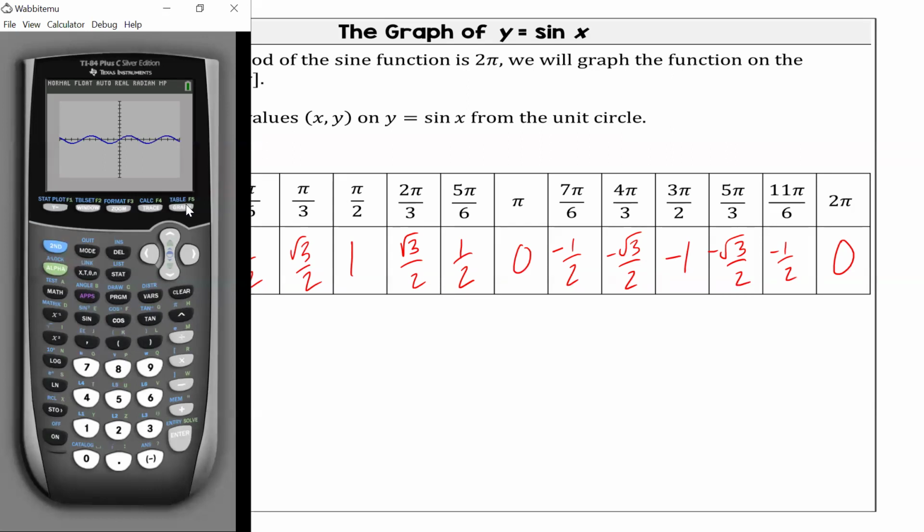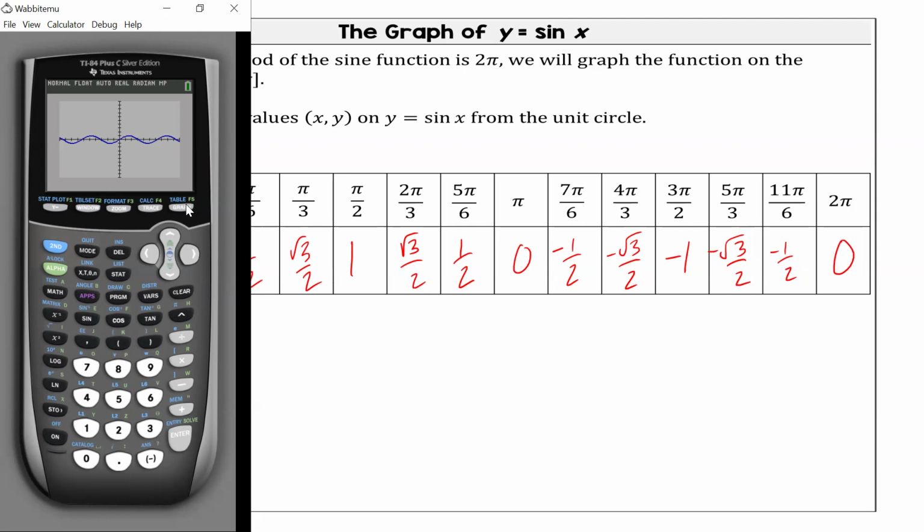Did you put an x? Go to y equals. And you type sine x? You sure? I don't know what you did. Just tell me to come talk to you. All right, so what was that?